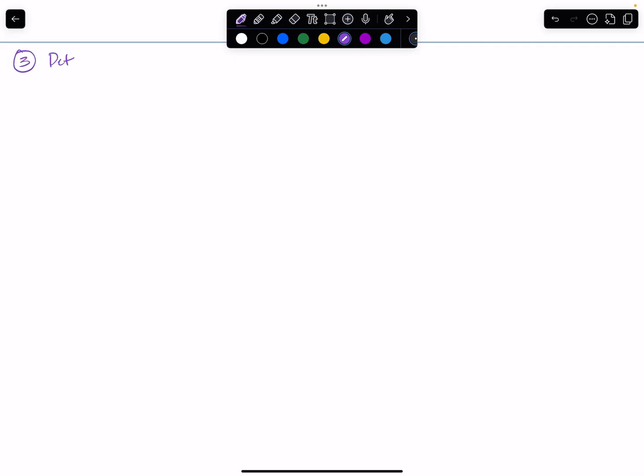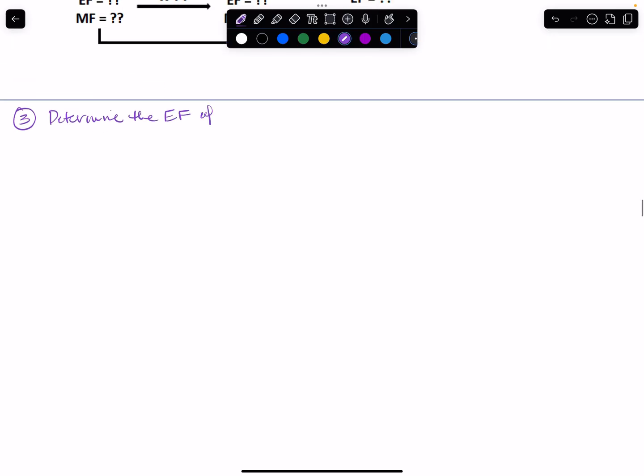We're going to determine the empirical formula of a compound with 1.723 grams of carbon, 0.289 grams of hydrogen, and 0.459 grams of oxygen.